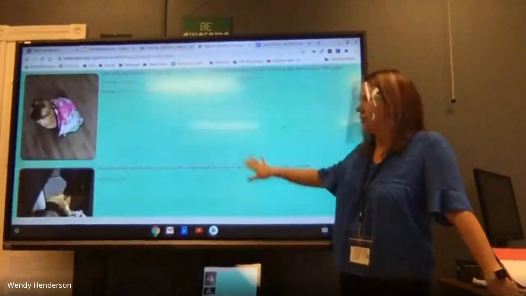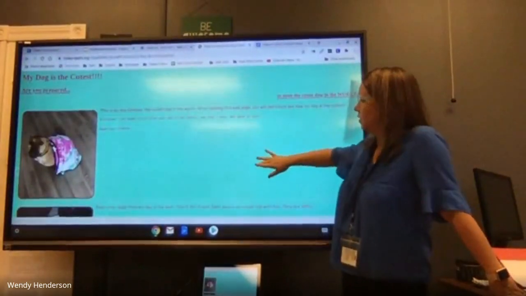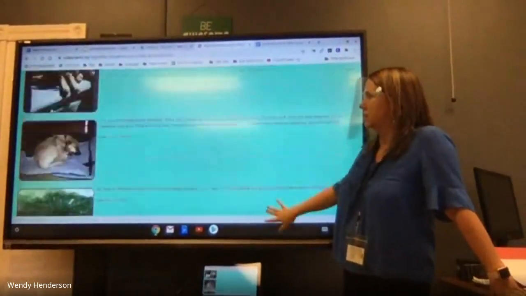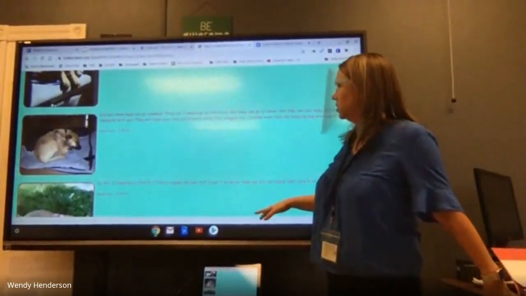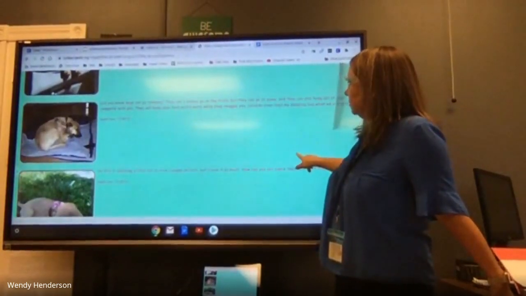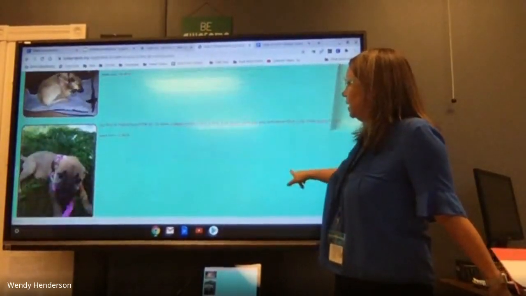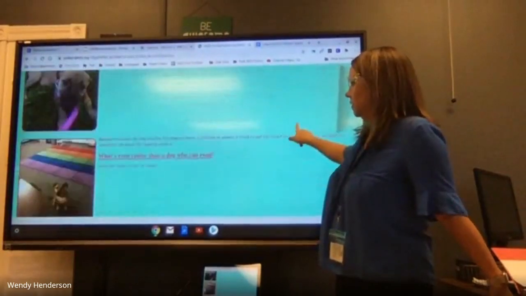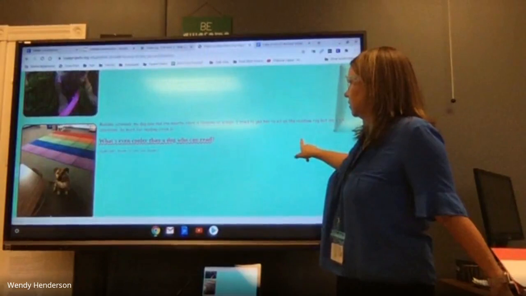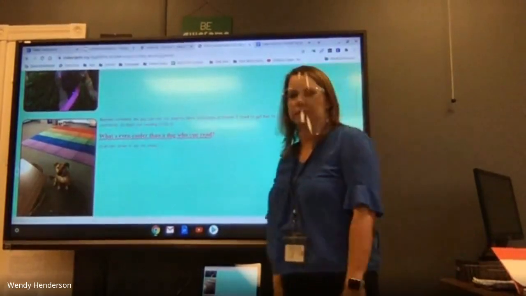About how cute the dog is and how they can do a bunch of other stuff. Okay, about how cute it is and some of the other things it can do, such as go camping, how smart it is.